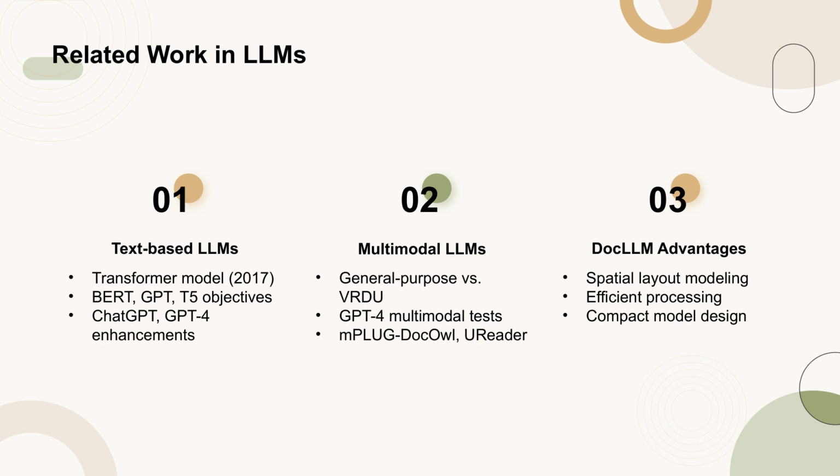Multimodal LLMs, which integrate visual input, include general-purpose models and those tailored for visually rich document understanding, VRDU. Recent models like mPLUG-DocOwl and UReader show strong zero-shot generalization. Our proposed model, DocLLM, addresses the limitations of unimodal and complex multimodal models by explicitly modeling spatial layouts and text semantics, resulting in a more efficient and compact design.